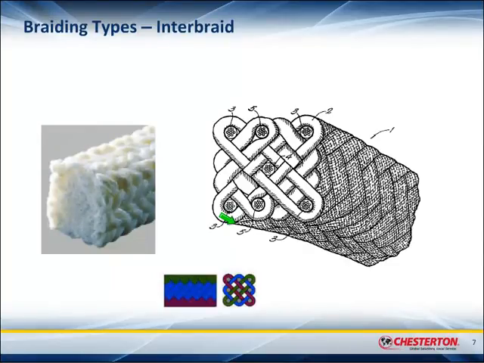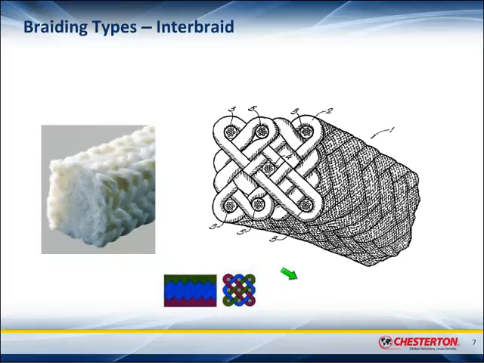The next braid we're going to show is interbraid. With interbraid, we can see that there are 3 of these tracks when we look at the side of the packing. It's not so well visible on the picture here, but we see basically 1, 2, 3 of these lines of braids.